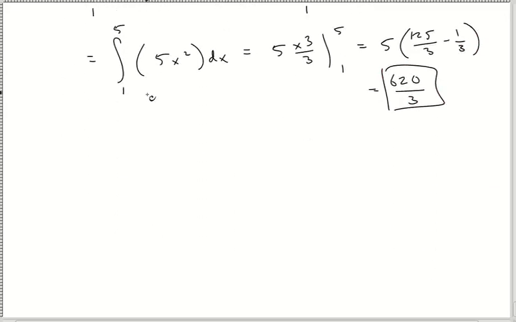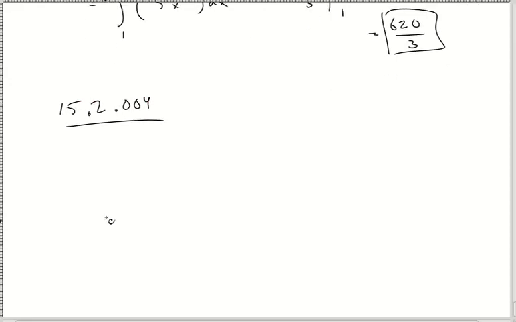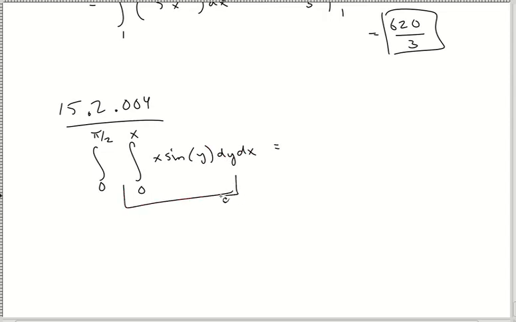Moving on. We've got 15.2.004. It says double integral from 0 to pi over 2, 0 to x of x sine of y dy dx. Again, we're going to do the y first, and then plug in that x into y.